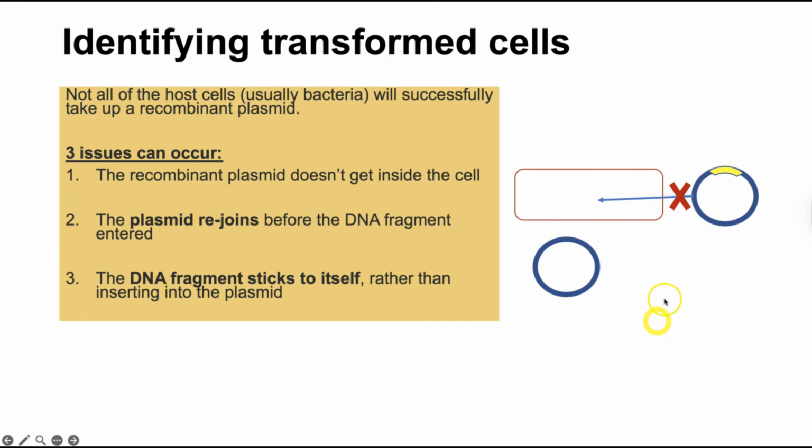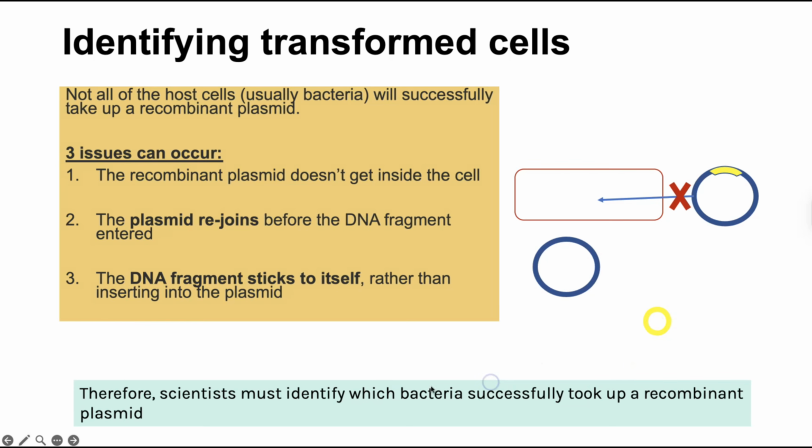And sometimes that DNA fragment that we created connects back around to itself and makes its own little loop of DNA. If that went in, then again, it wouldn't work. So we have to identify which bacteria have successfully taken up the recombinant plasmid.